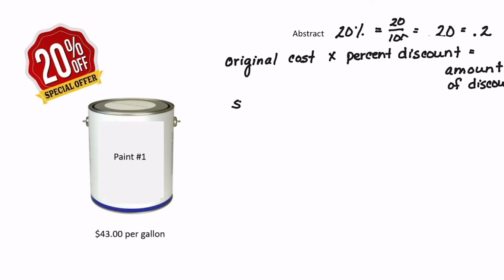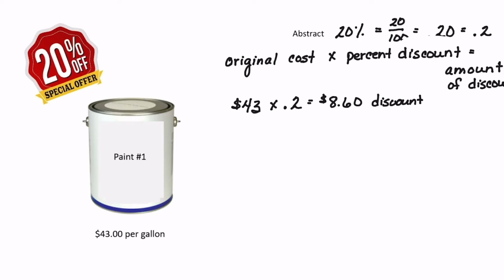So my original cost is $43. My percent discount as a decimal is 0.2. And when I multiply those two things together, that's going to give me $8.60, or 8.6. Remember, this is my discount.